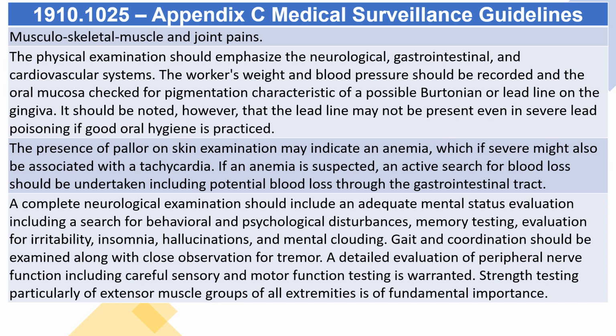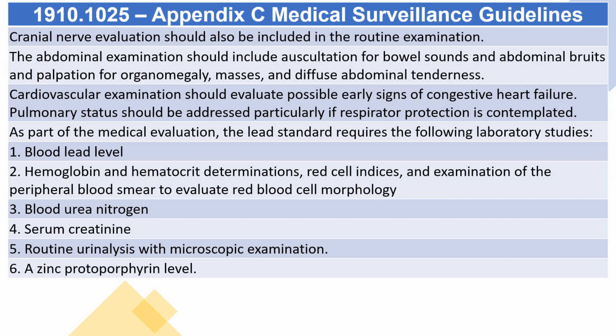Strength testing, particularly of extensor muscle groups of all extremities, is of fundamental importance. Cranial nerve evaluation should also be included in the routine examination. The abdominal examination should include auscultation for bowel sounds and abdominal bruits and palpation for organomegaly, masses, and diffuse abdominal tenderness. Cardiovascular examination should evaluate possible early signs of congestive heart failure. Pulmonary status should be addressed, particularly if respirator protection is contemplated.